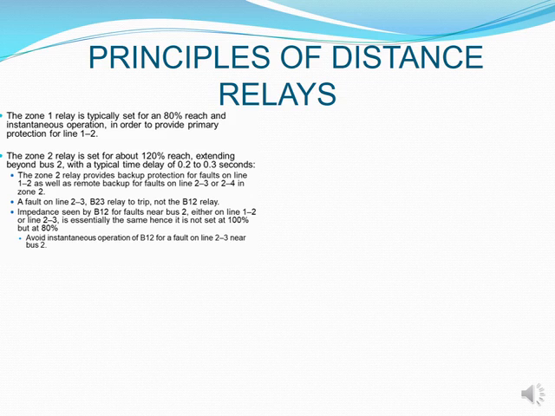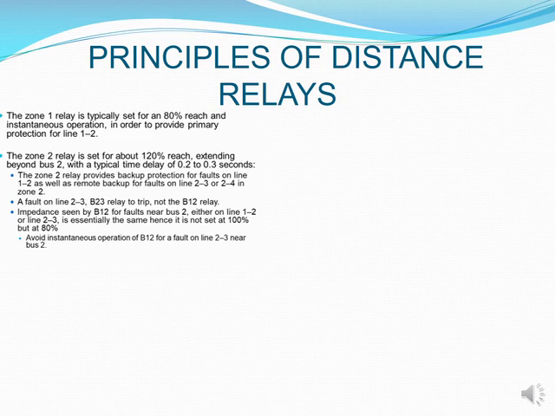Hence, it's not set at your 100%, but we set it at 80% for zone 1. So this makes sure that we avoid any instantaneous operation of your B12 relay or circuit breaker for a fault that is happening only on a line closest to bus bar 2.